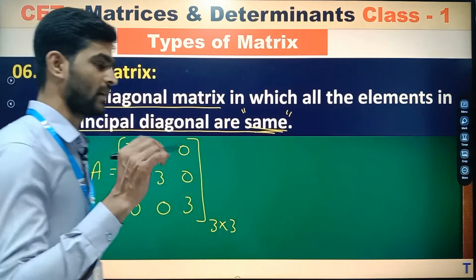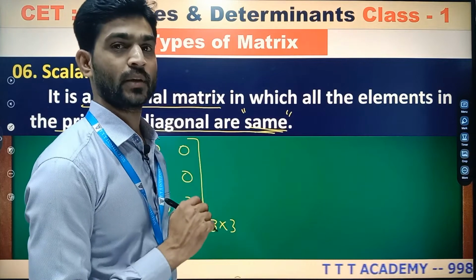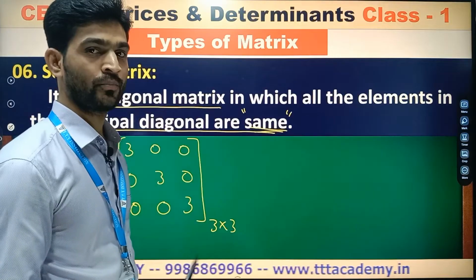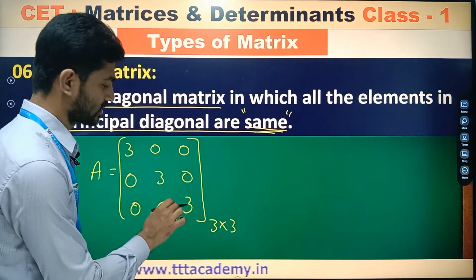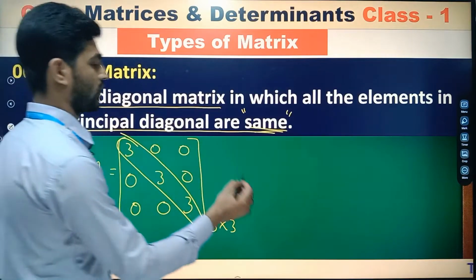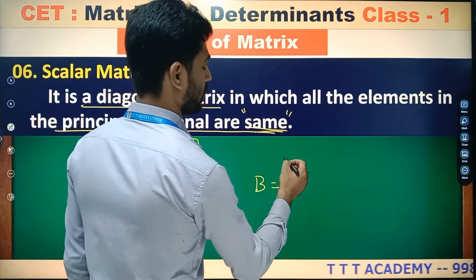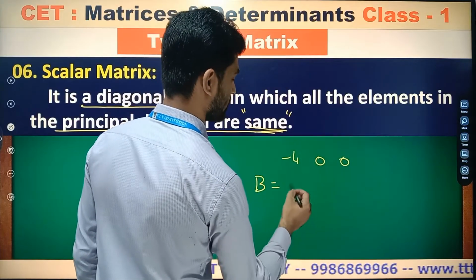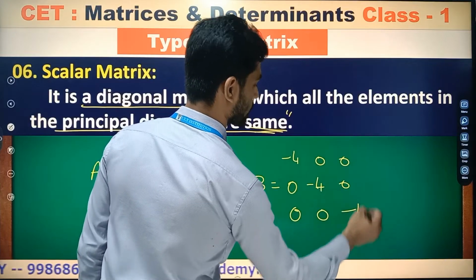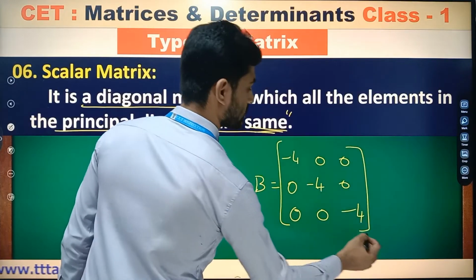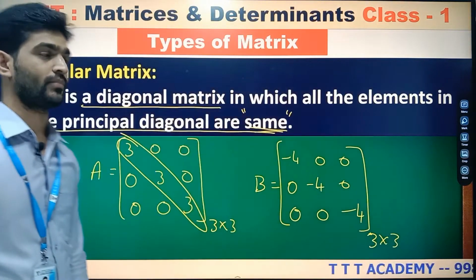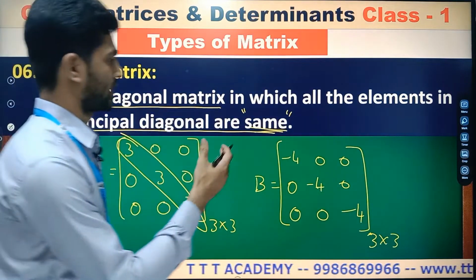In this matrix, you observe that two conditions are satisfied. It is a square matrix, and at the same time a diagonal matrix too, but the condition is that in the square diagonal matrix the diagonal elements are the same. Okay, let's take one more example. So B equal to -4 0 0 0 -4 0 0 0 -4. Again this is one more example for a scalar matrix. Again this size is 3 cross 3. I hope that you are understanding the concept.